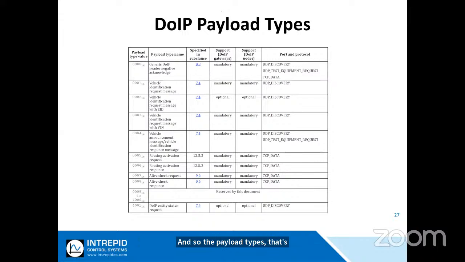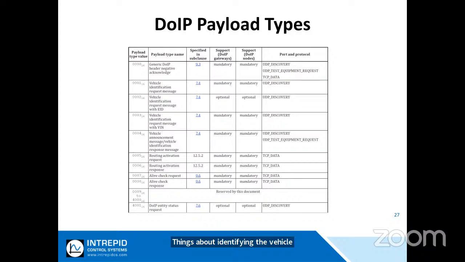In the next 2 slides, I've put in all of the different values, the different types of payloads we can have. You'll see things like header acknowledged, negative acknowledge, where it doesn't know what that header is, and things about identifying the vehicle, that's what 1 through 4 basically is.